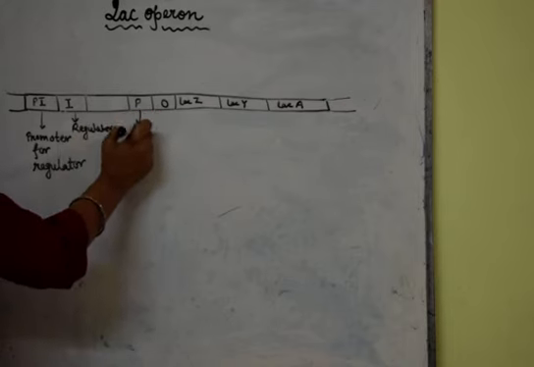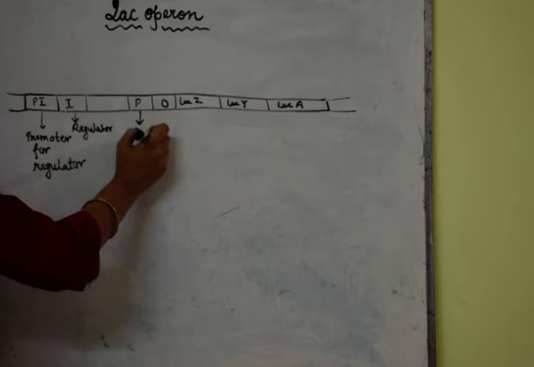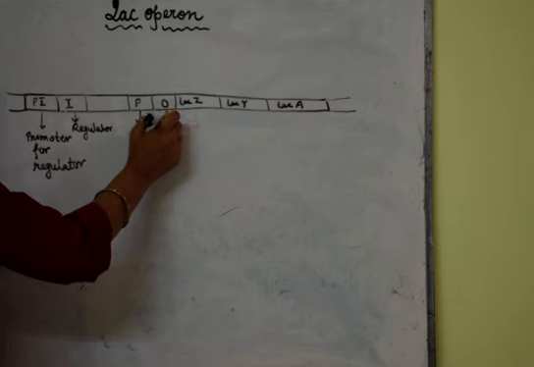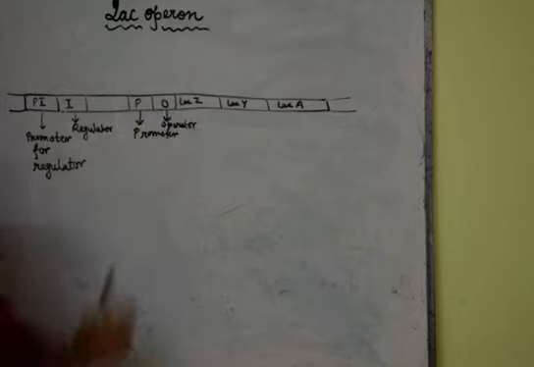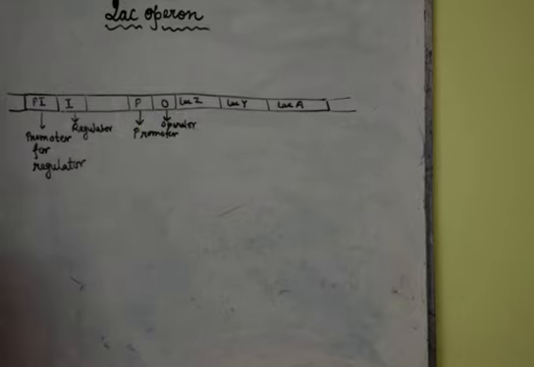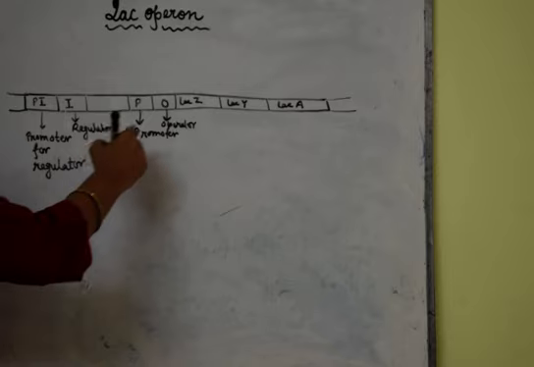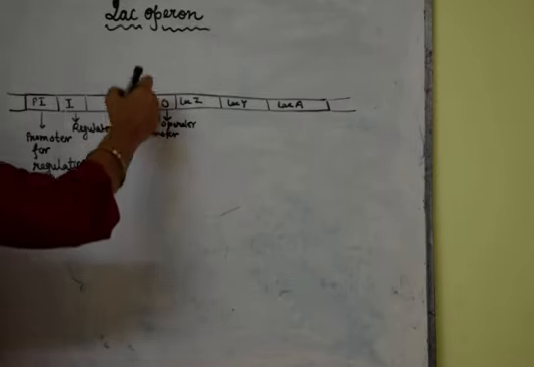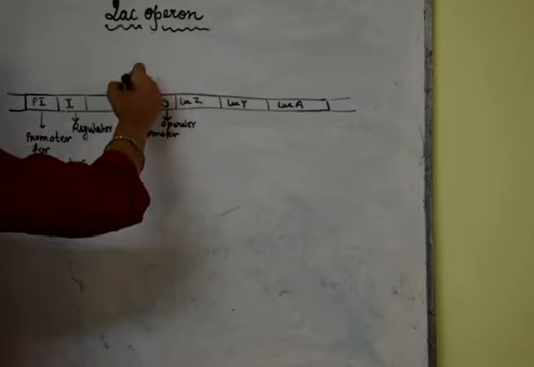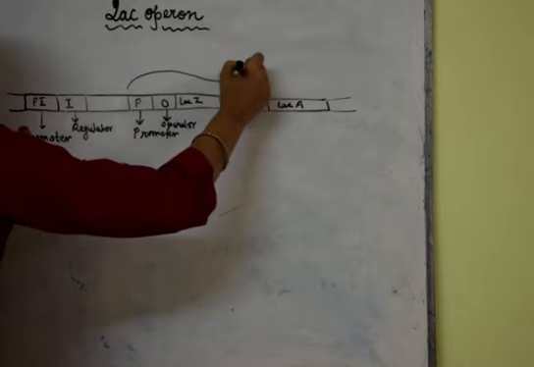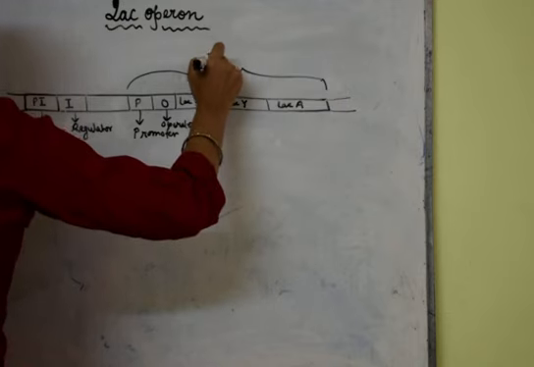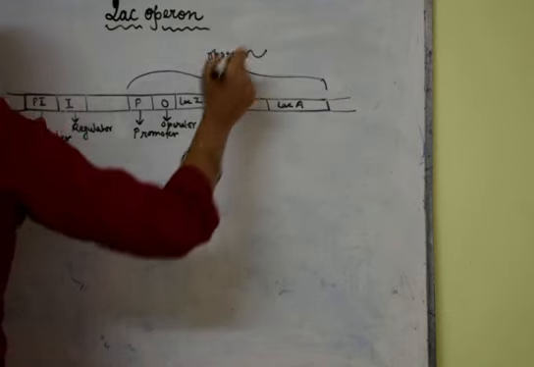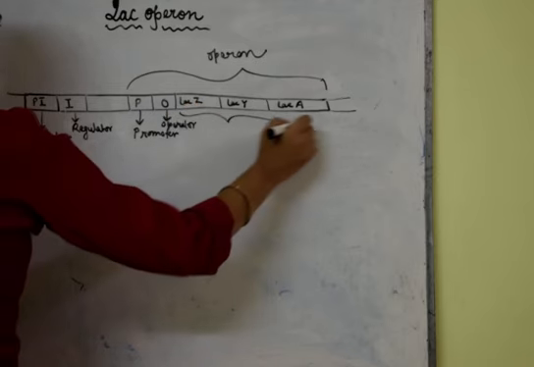This P stands for promoter. O stands for operator. This is the operon. From this promoter, operator and the structural genes, this is the operon, and these are the structural genes.